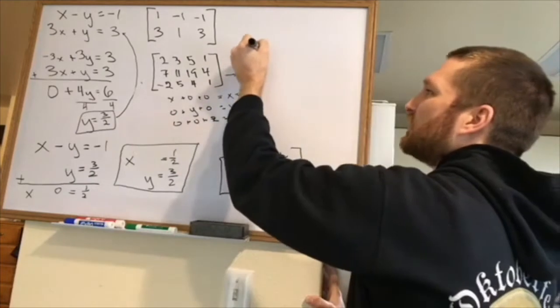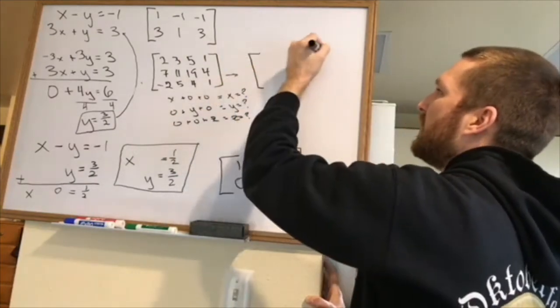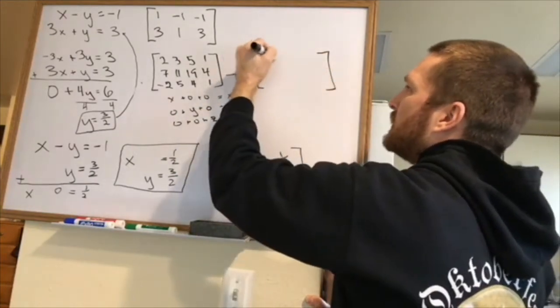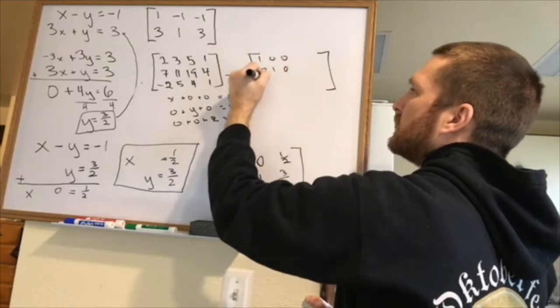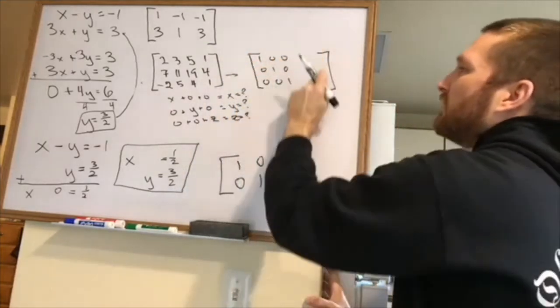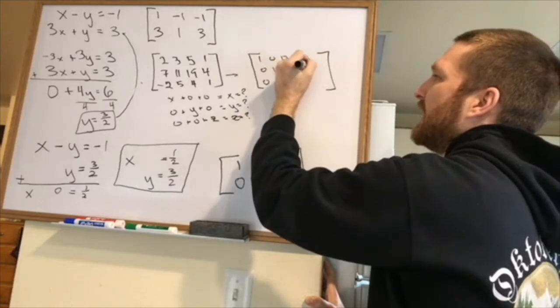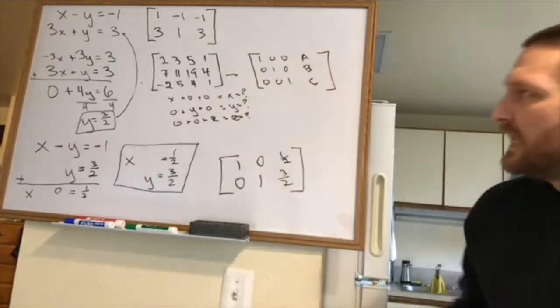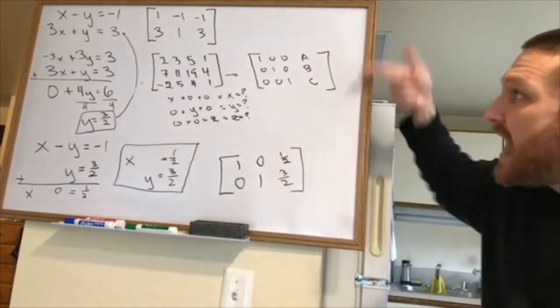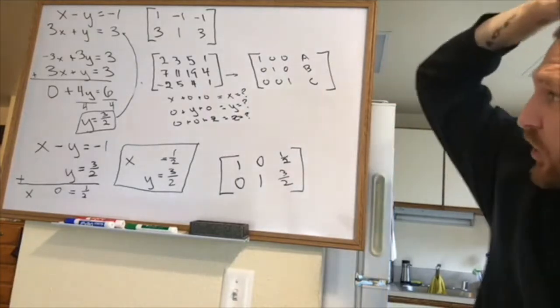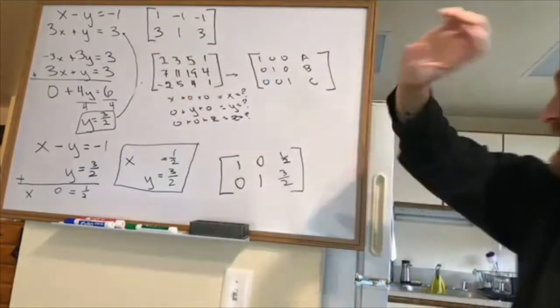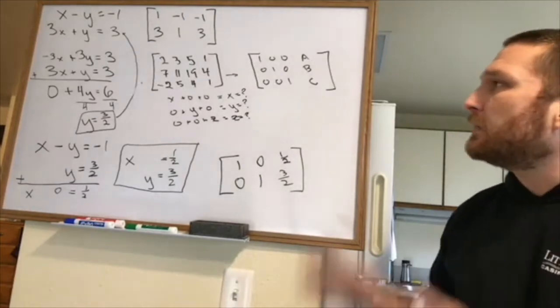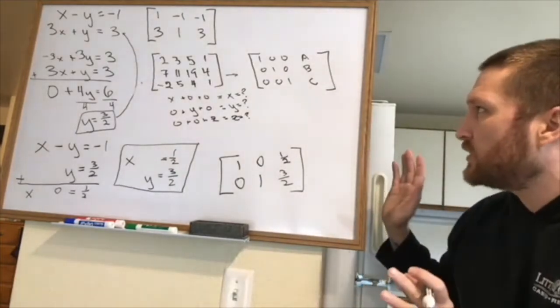And so in matrix form, my goal is to get this guy, where we have a 1, 0, 0, 0, 1, 0, 0, 0, 1, and then whatever these numbers are, we'll just call them, say, A, B, and C. That would be my goal, because if you could turn this guy into this guy, then you'll know, wait a minute, that was just a fancy way of writing an equation.